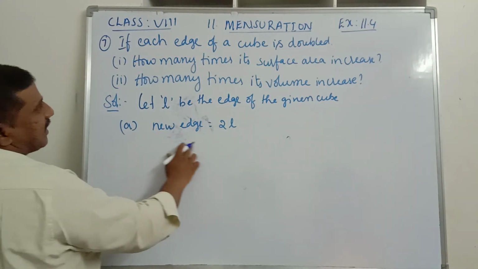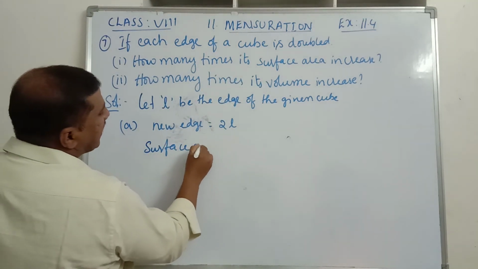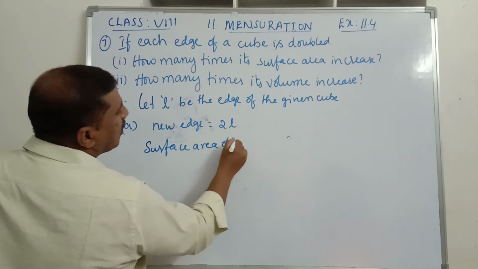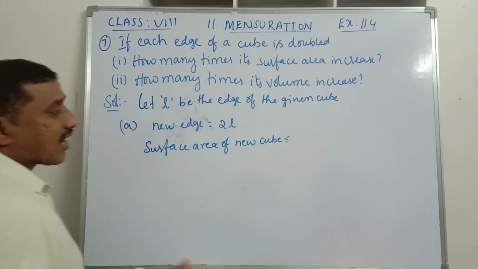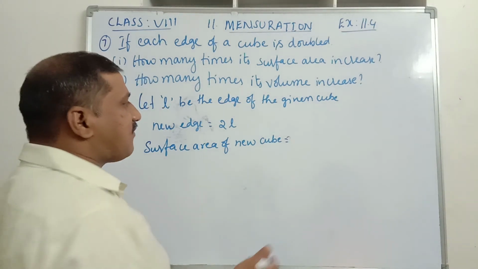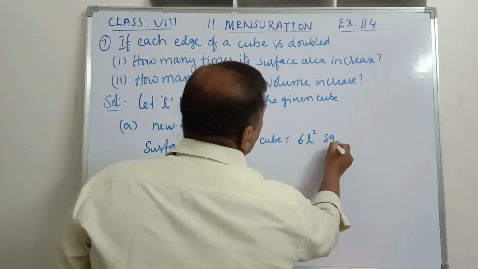Therefore, the surface area of the new cube is equal to what? Generally, what is the formula to find surface area? It is 6L square units.